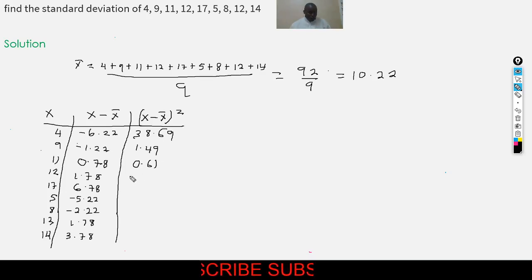Next gives you 3.17. Next gives you 45.97. Next gives you 27.25.